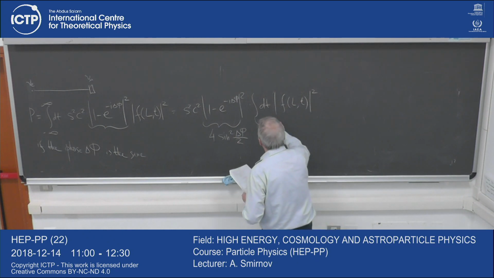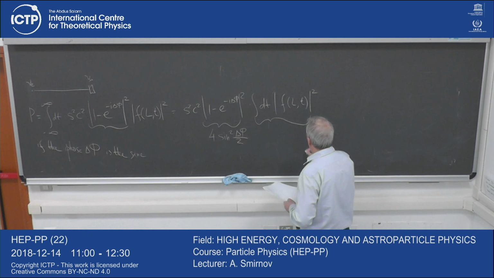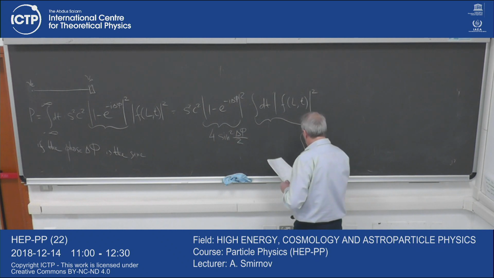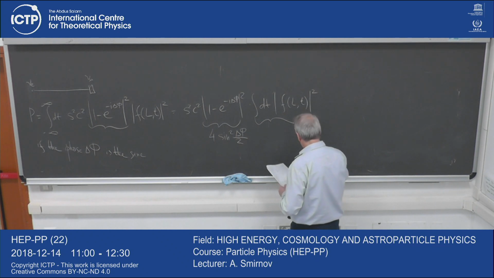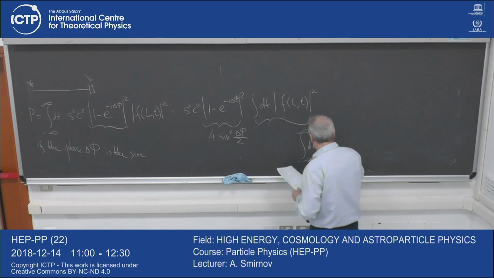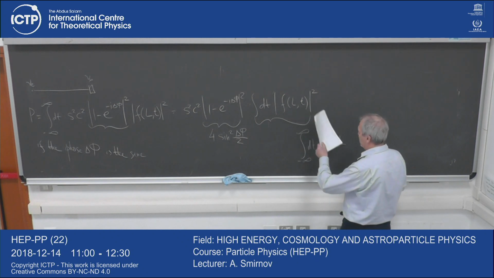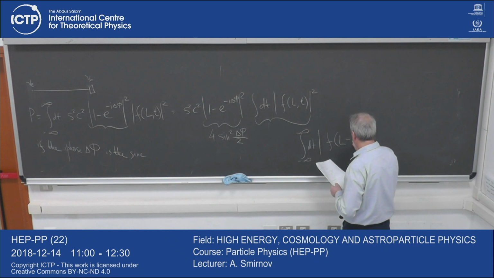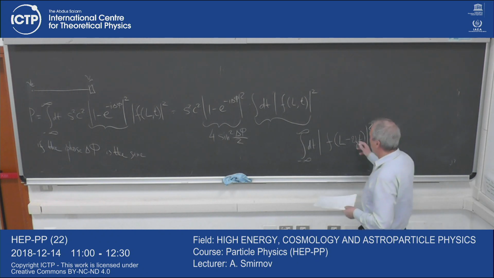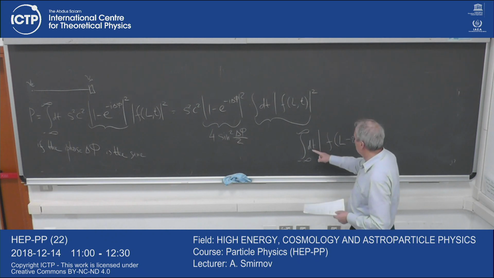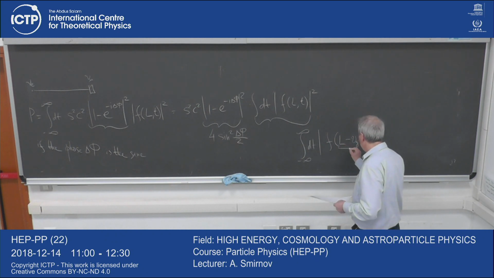Now let me consider this integral, from minus infinity to plus infinity dt of the moduli square of f, and my shape factor is a function of L and t in the following combination, as we discussed already: L minus group velocity times t. Changing the integration variable, I can integrate over this factor.